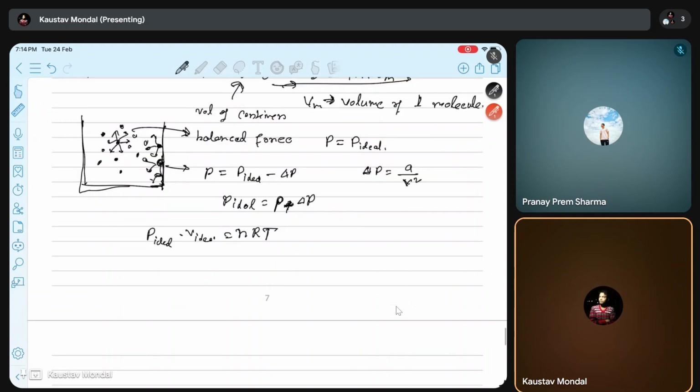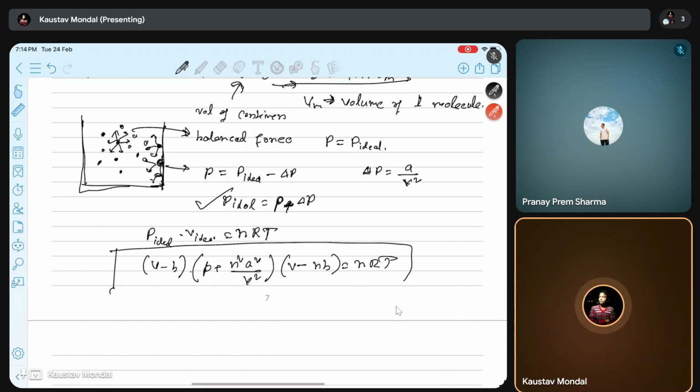So, substituting the ideal expression, for n moles of gas we get (P + n²a/V²)(V − nb) = nRT. This is known as the van der Waals equation.